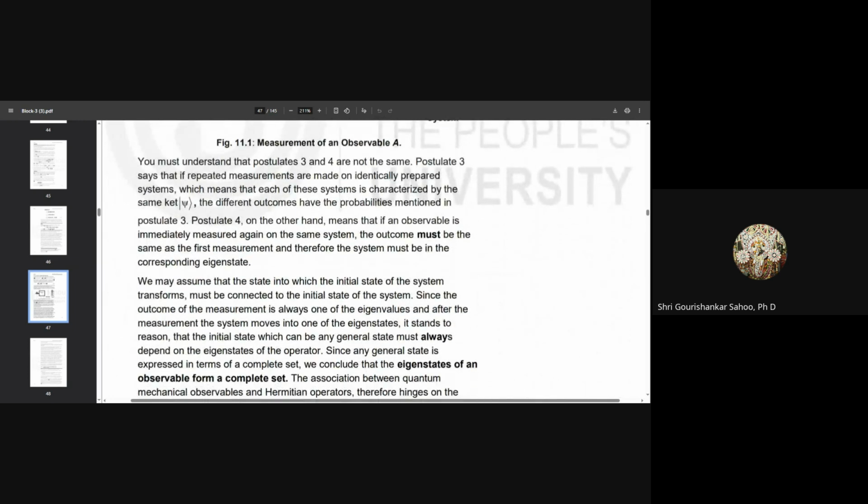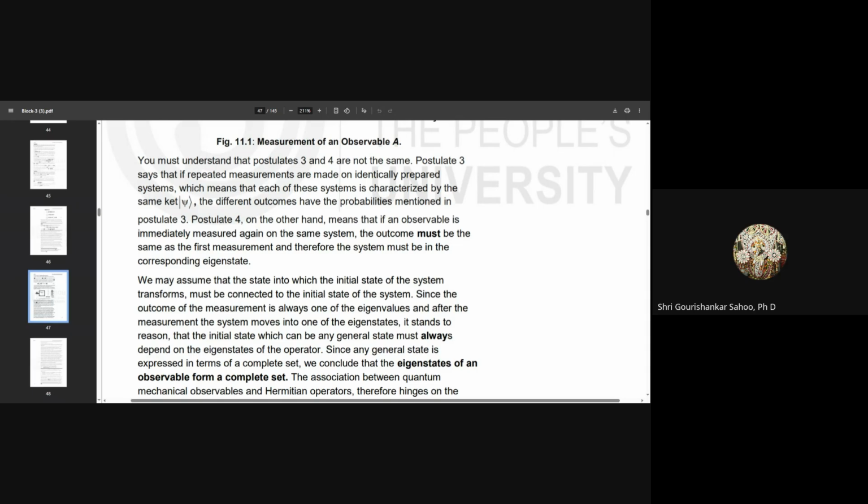So you must understand that the last two postulates are not the same. The third postulate says that if repeated measurements are made on identically prepared systems, which means that each of the systems is characterized by the same ket ψ, we get different outcomes with the probabilities mentioned in the third postulate. But the fourth postulate, on the other hand, means that if an observable is immediately measured again on the same system, the outcome must be the same as the first measurement, and therefore the system must be in the corresponding eigenstate.